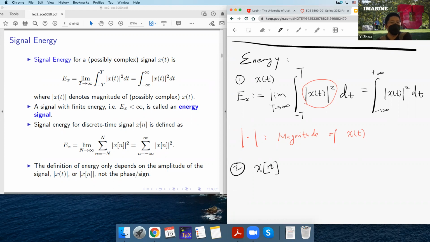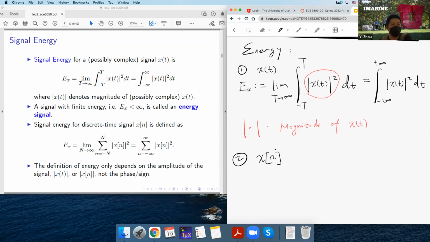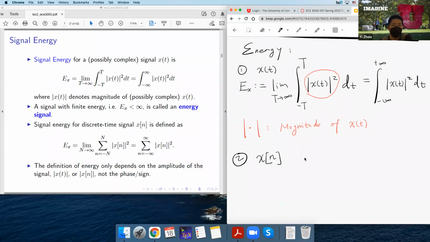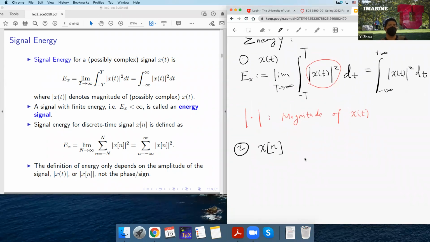The second definition is for discrete signals. We can similarly define the energy for discrete signals. For discrete signals, we don't have integration anymore because everything is discrete.